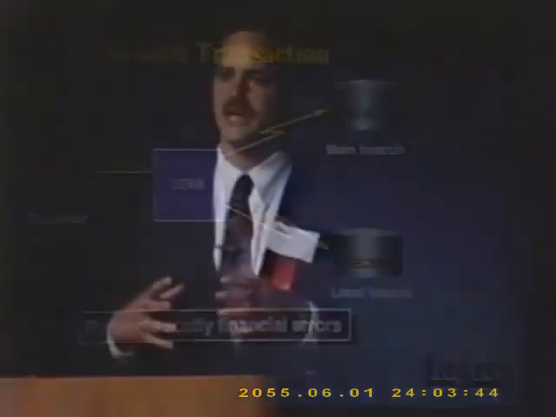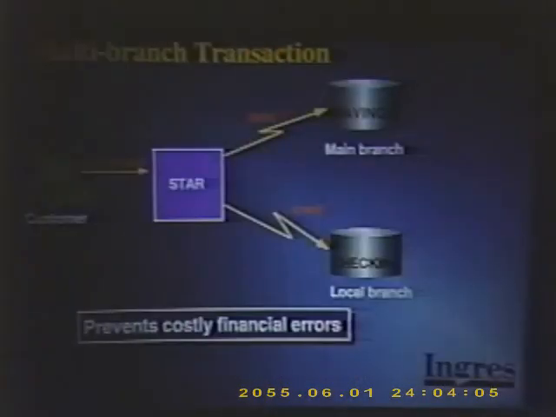And you need a distributed database management system to ensure that that happens. A simple example is a multi-branch bank transaction, where if somebody is withdrawing money from their local checking account as a part of a single transaction, that transaction must assure that the savings account is debited in the same amount that the checking account is credited.